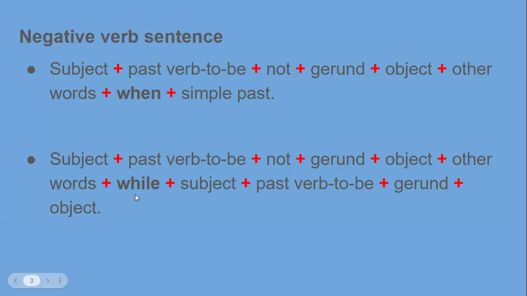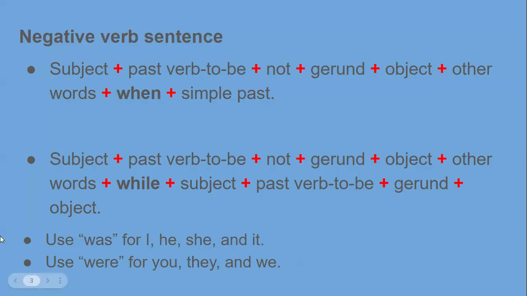The while, of course, like we said, we use it when we talk about the two actions that were happening at the same time. Then the second action should also be in the past continuous tense. So you need the subject, the past verb to be, the gerund, and the object. Okay? So this is the structure that is associated with the negative verb sentence.